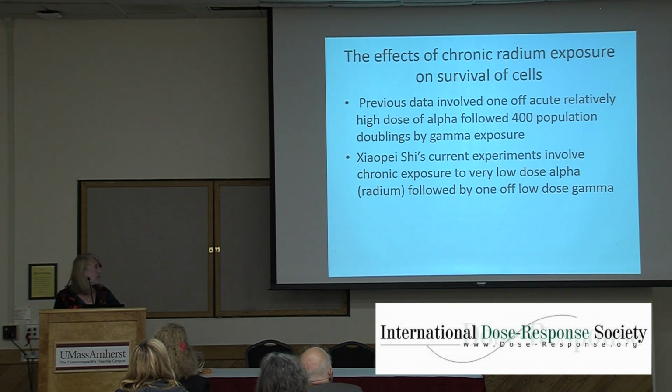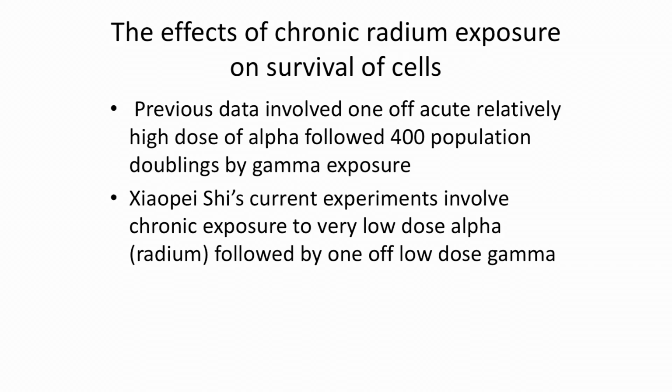If you look at the effects of chronic doses, previous data that we had showed that a one-off acute relatively high dose of alpha was followed by 400 population doublings by a gamma exposure.